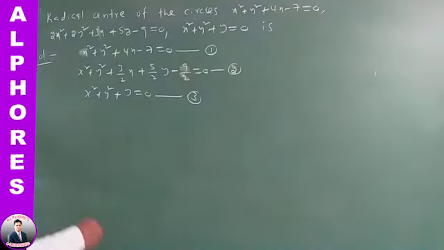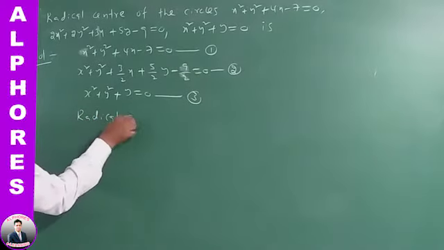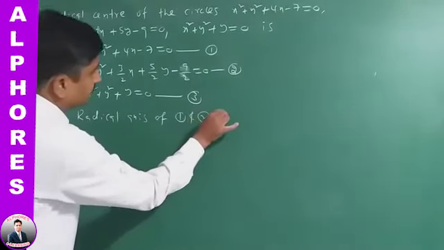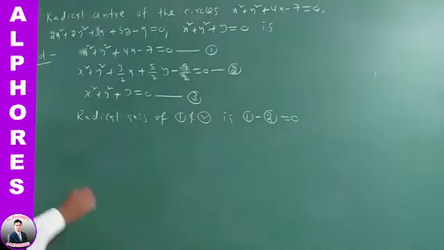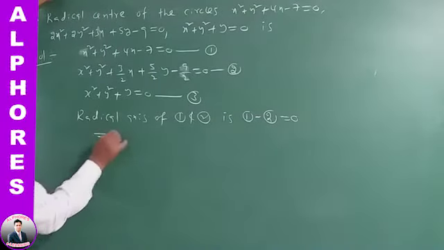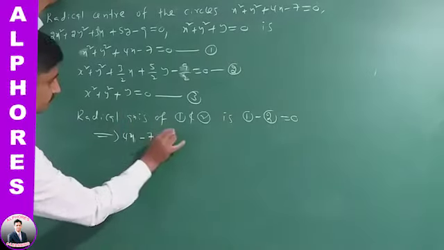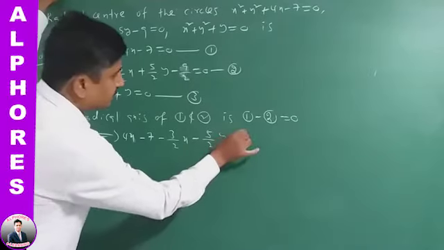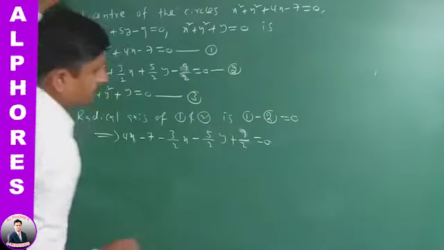Here, find any two radical axes. First, the radical axis of 1 and 2 is 1 minus 2 equal to 0. Subtracting directly, x square and y square cancel. We get 4x minus 7 minus 3 by 2 x minus 5 by 2 y plus 9 by 2 equal to 0.